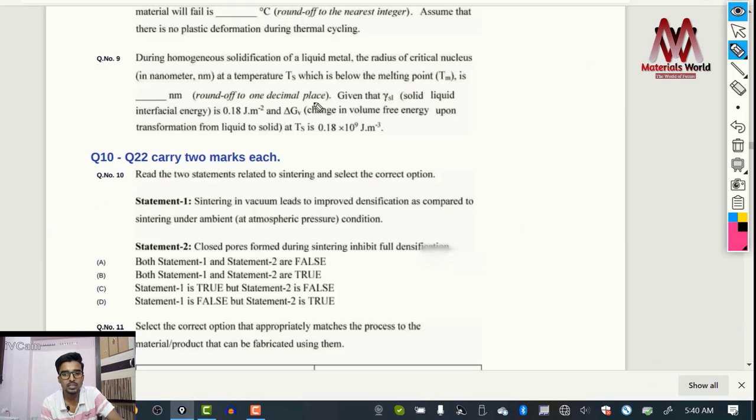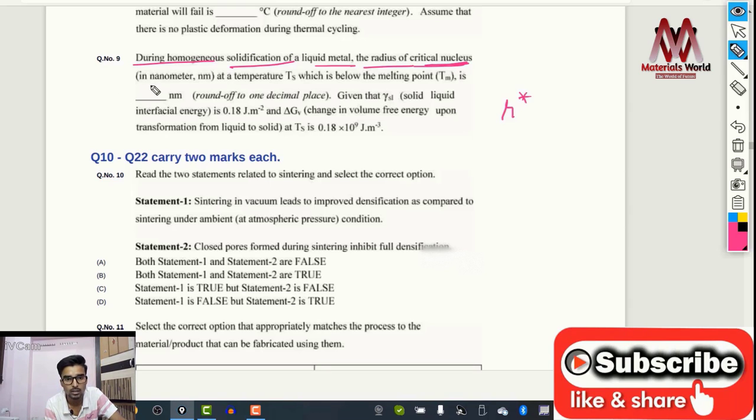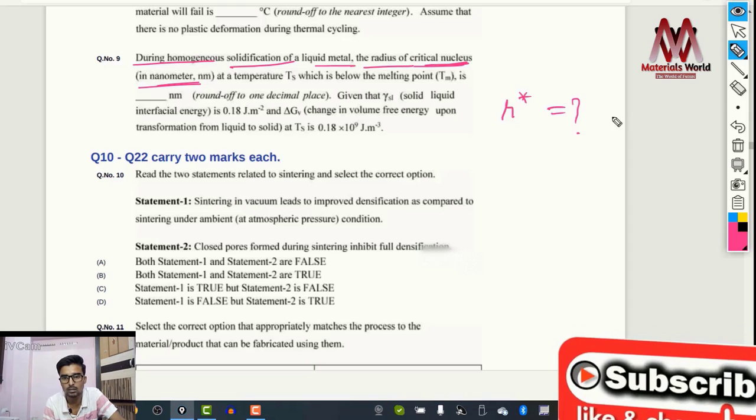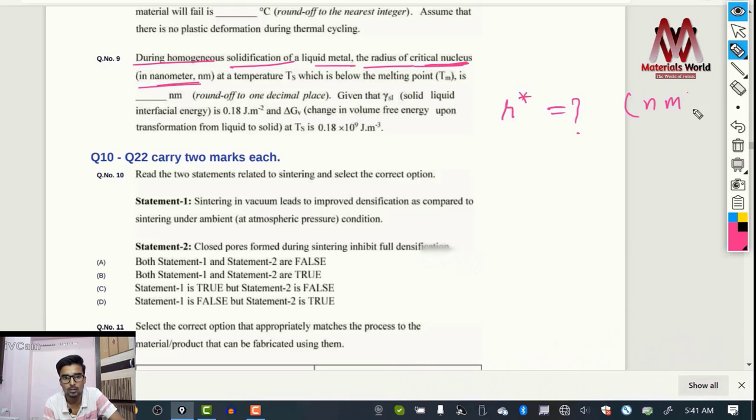Another question is based on the critical nucleus radius, that is R star. During homogeneous solidification of liquid metal, the radius of the critical nucleus, R star, is asked in nanometer.